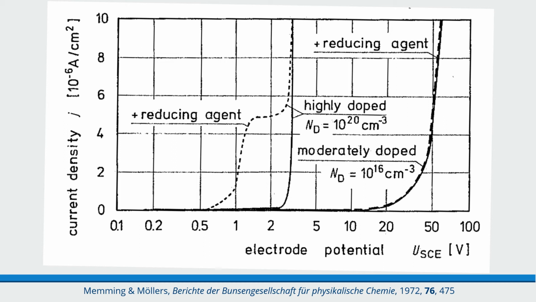The onset for the dark currents in the highly doped semiconductors, here 10 to the 20 per centimeter cubed, which corresponds to our case of 10 to the 26 per meter cubed, is much earlier than for moderately doped semiconductors. And the reducing agent, for example hydrogen peroxide or anything else, has a bigger contribution in the highly doped case.